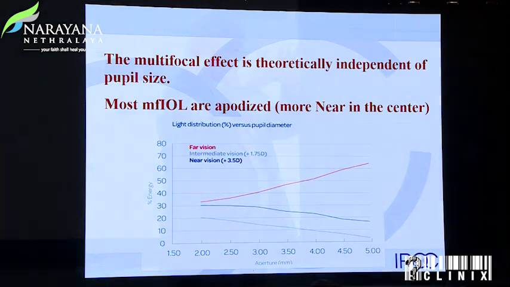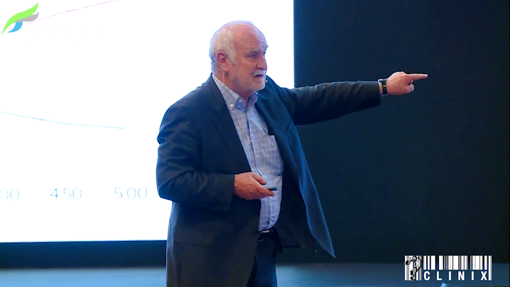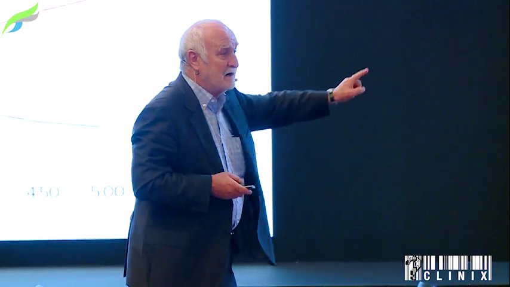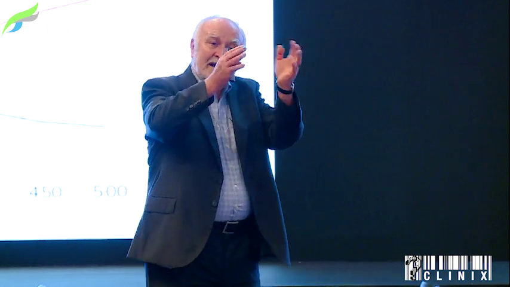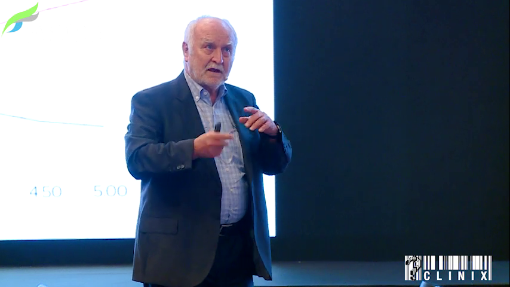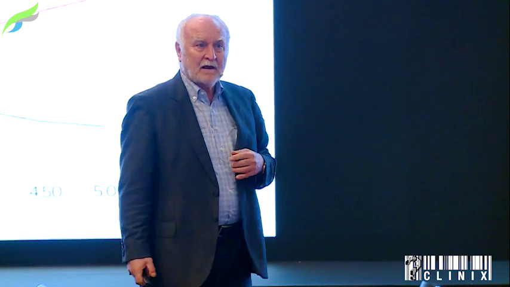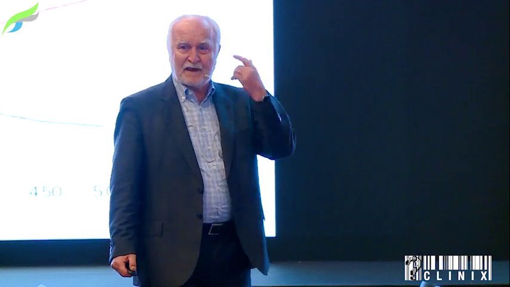So as the pupil goes wider, all of a sudden the near part decreases and the far increases, which means that you are a little bit more myopic in the central area of the multifocal and less myopic, or not myopic, in the periphery, which in wavefront language means that you create a spherical aberration. You are more myopic in the inner part and less myopic in the outer part, which is clearly a kind of spherical aberration. We have to have this in mind when selecting the corrections later on.